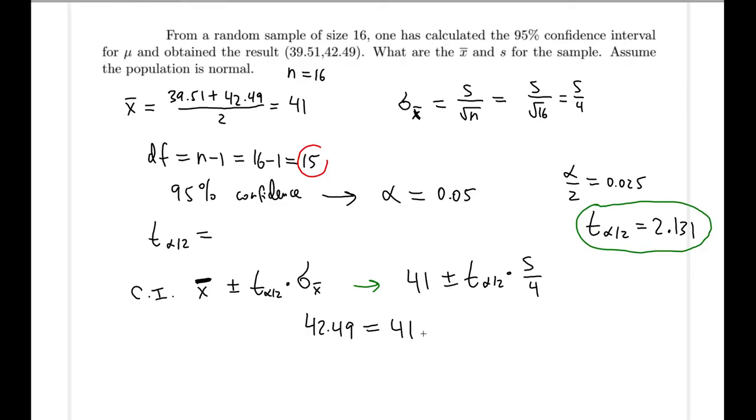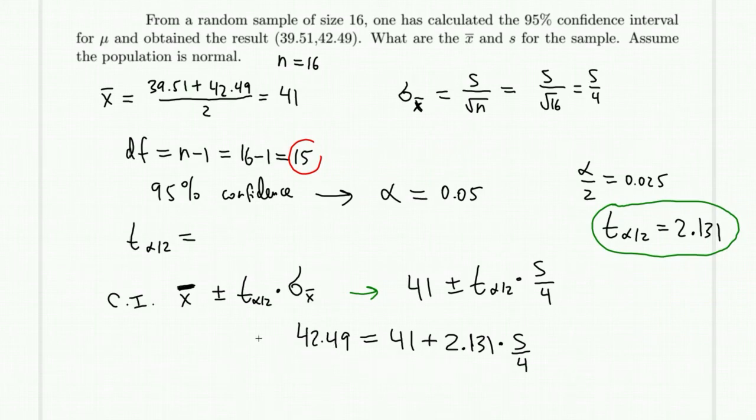That's why I'm using the plus, and the positive t-value, of course. Because if I use the negative, I will be at 39.51 and I will be wrong because I set 42.49. So I have to use the positive t-value if I'm going in the right side. So I have to use 2.131 and not negative 2.131, just so that you know. Positive 2.131 times the s being divided by 4.